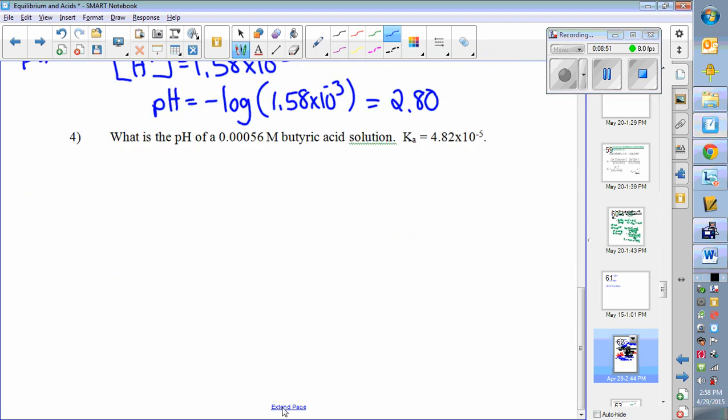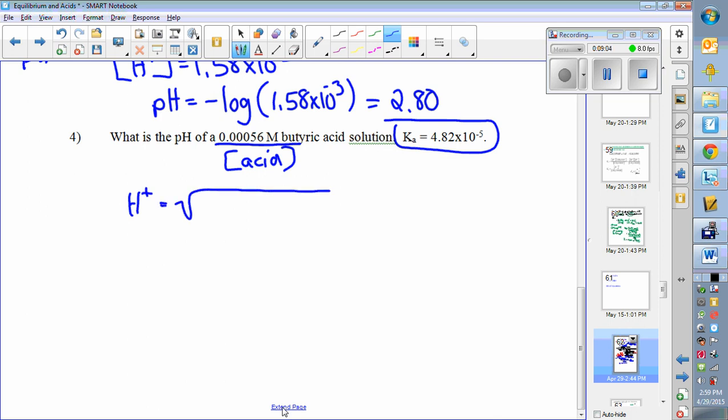Okay, so final question to look at. We have a concentration of an acid here. We have a Ka given. Combine those two to get the H plus first. So we take the square root of that acid concentration, which is 0.00056, and a Ka of 4.82 times 10 to the negative 5. Should be an awfully small number when you take the square root of that.